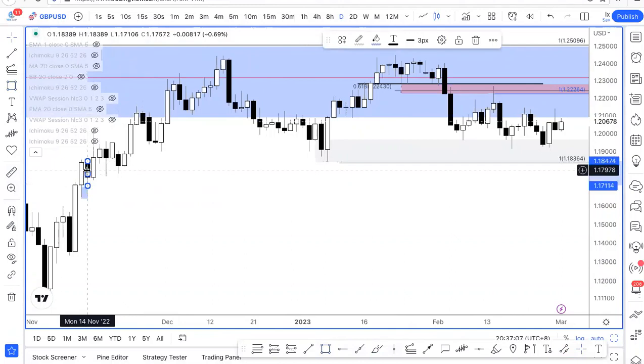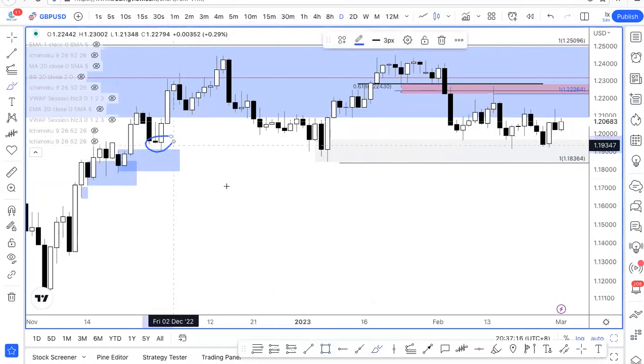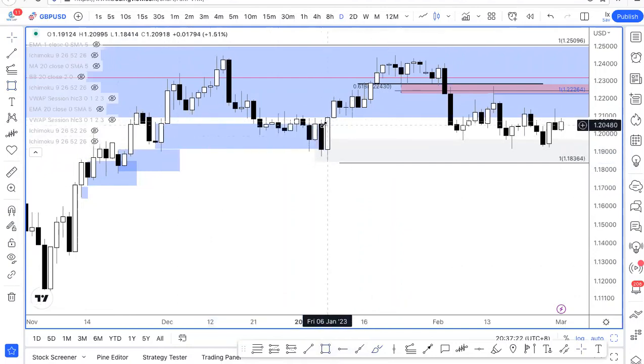Price came in, tested as a demand, pushed higher, and then again price came in, tested as a demand. You can see it here, and then it pushed higher, and then once again created a new demand area here. Price came in, tested it, broke below this region before it continued on the upside.